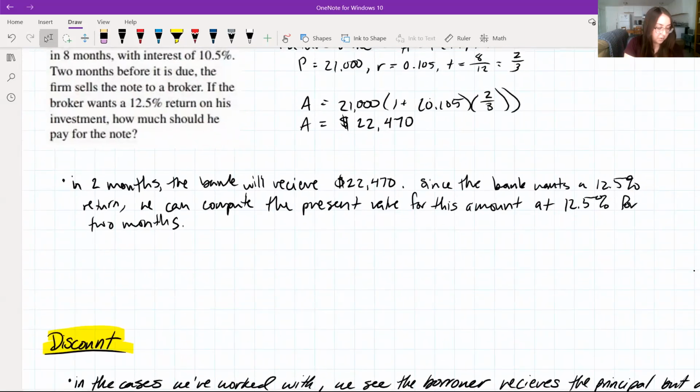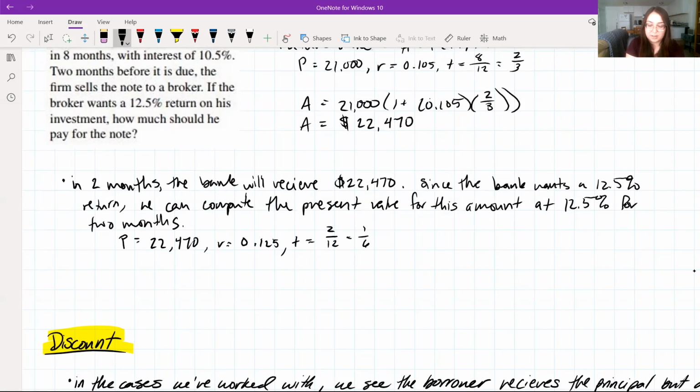And we now use our principal value, that 22,470. Our rate now is 12.5% or 0.125. And our time is now 2 divided by 12 or 1 divided by 6.